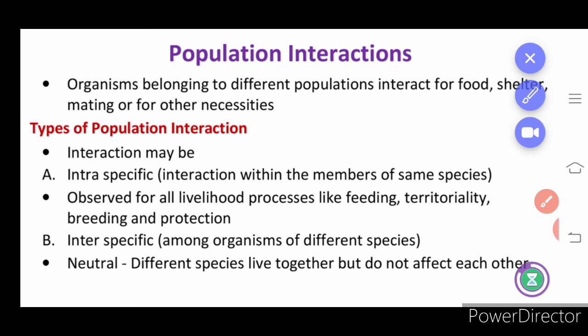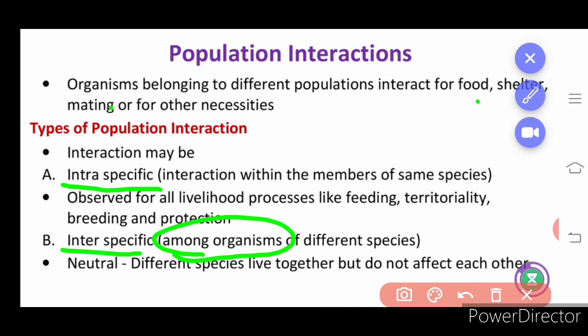Then population interaction: how do they interact with one another? The interaction starts with food, shelter, and mating. Interaction may be intraspecific or interspecific among organisms. Intraspecific is within the members of the same species, observed for all livelihood processes: feeding, territoriality (that is, borders), breeding and protection.